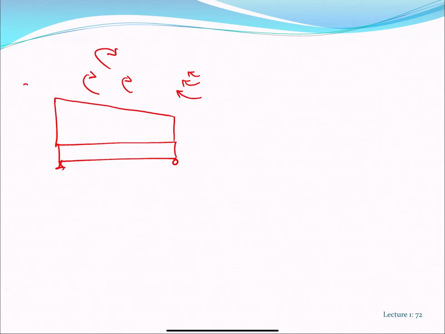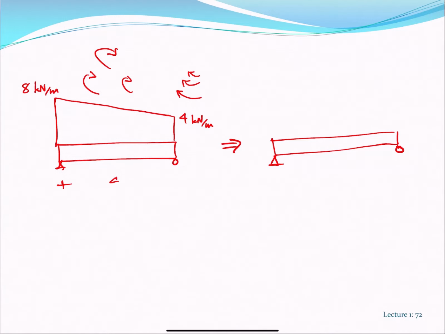It reached 8 kilonewtons per meter on this side, and on this other side it reached 4 kilonewtons per meter. And the question is, how much load do I have on the equivalent system? Well, about the load, this is 4 meters.